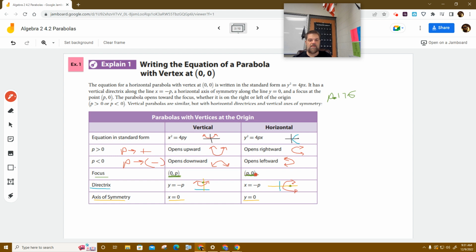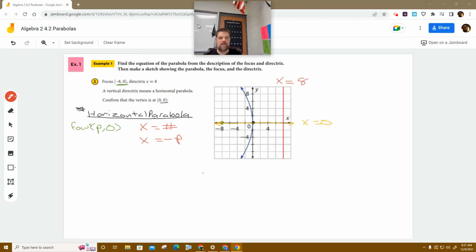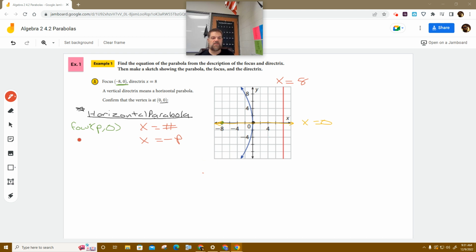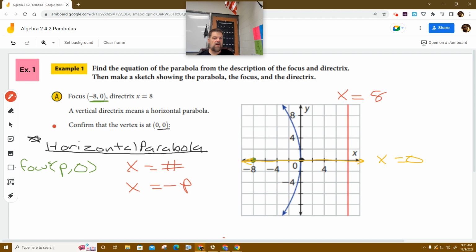So I have p comma 0, so x equals negative p. I'm just getting all this information from this table right here. Well, what does p equal in this particular case? Well, p equals negative 8, right?